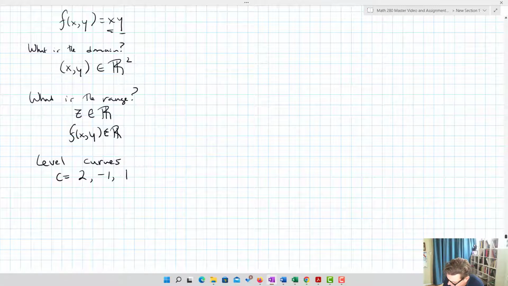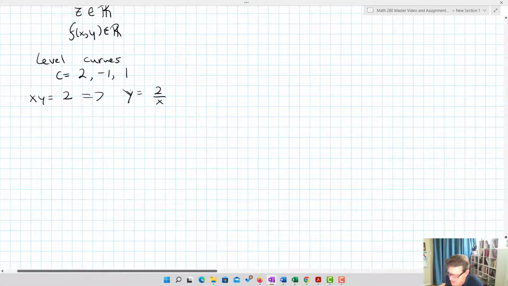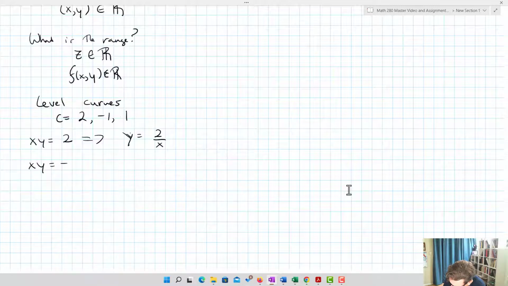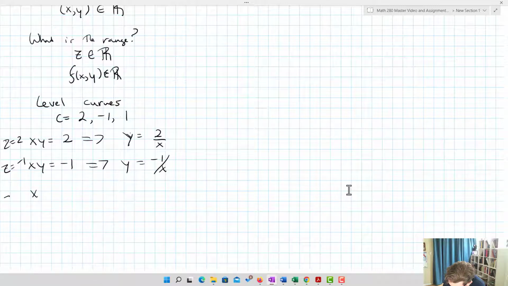So if I set xy equals 2, I get y equals 2 over x, and that's my level curve there. If I set c equal to negative 1, I'm going to get xy equals negative 1, and that's going to give me y equals negative 1 over x. And here's z equals 2, z equals negative 1, z equals 1. Then I get xy equals 1, and that's going to give me y equals 1 over x, with a little bit of algebra.